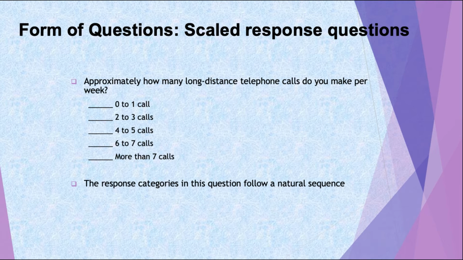We also have the scale response question. For example, you give a question and you give a scale: approximately how many long distance telephone calls do you make per week? 0 to 1, 2 to 3, 4 to 5, and so forth. The response categories in this question follow a natural sequence.